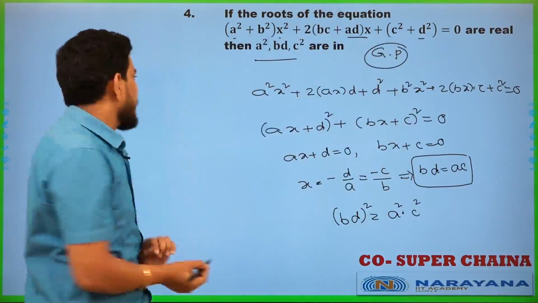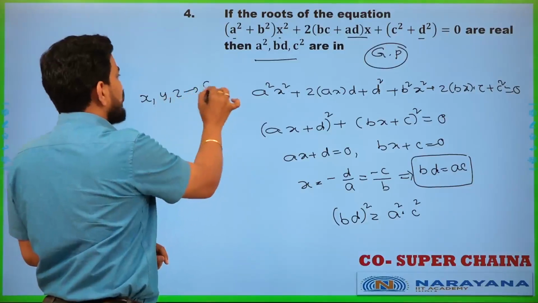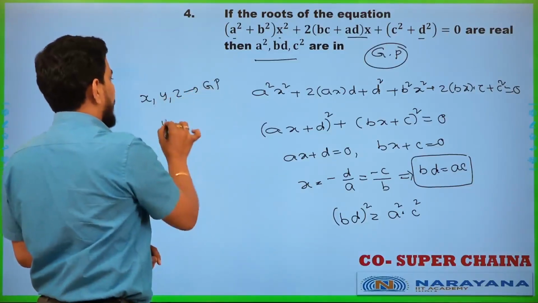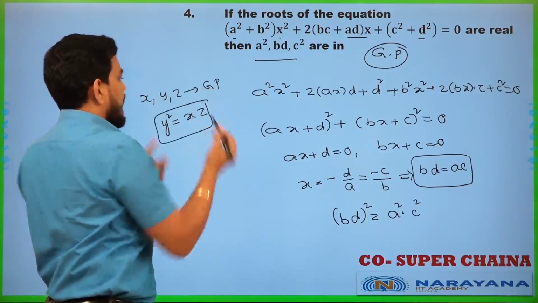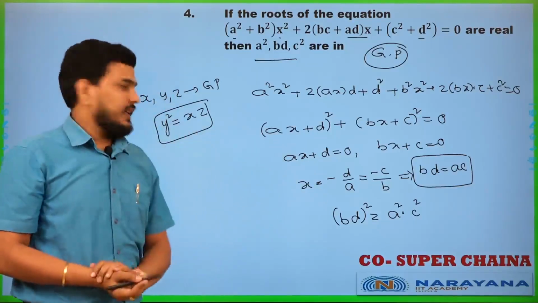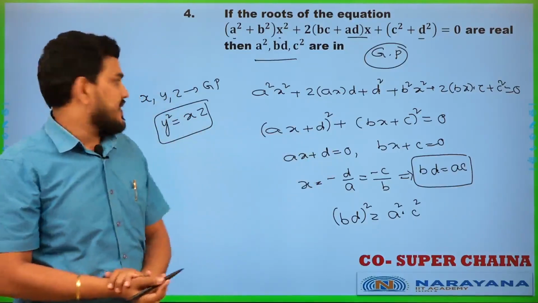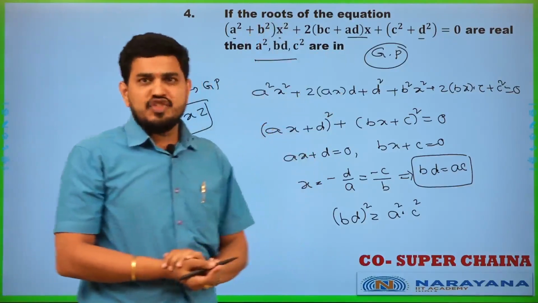What does geometric progression say? If x, y, z are in GP, y square is equal to xz. So here y is equal to BD, x is A square and z is C square. Okay, so for this question, the answer is GP.